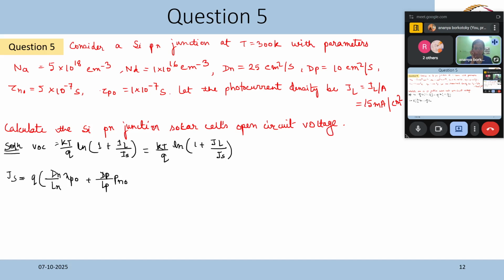So what is Np naught? This is the equilibrium electron density in the p side of the PN junction. And Pn naught is the hole density in the n side of the PN junction.